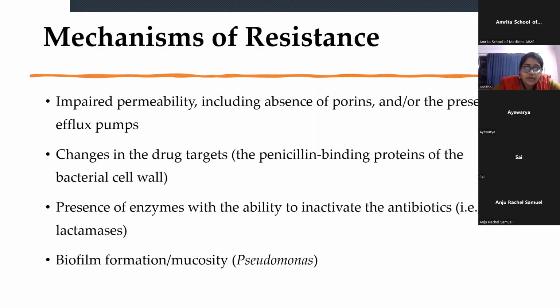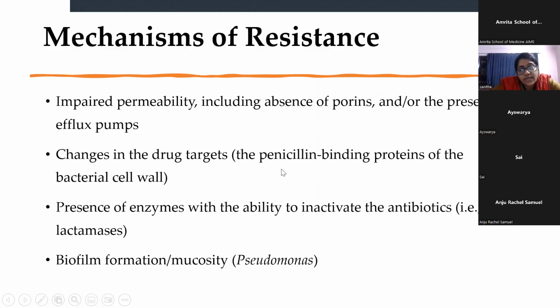So, as I already said, the various mechanisms of resistance are impaired permeability, due to the absence of porin channels or the presence of efflux pumps. Then it could be due to a change in the drug targets.